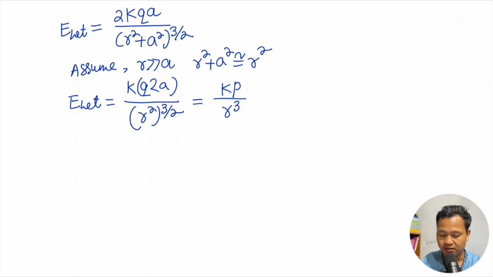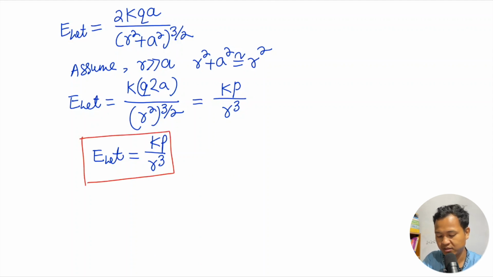So therefore E-net magnitude is kp divided by r cube, the electric field due to a point on the equatorial plane. That's a vector, so here you'll have k into p bar divided by r cube.